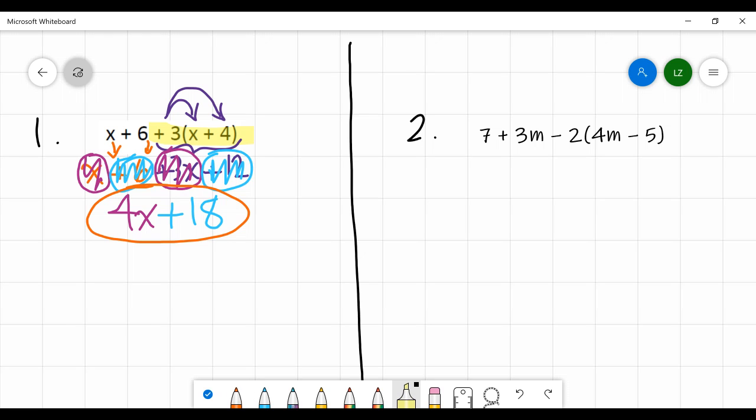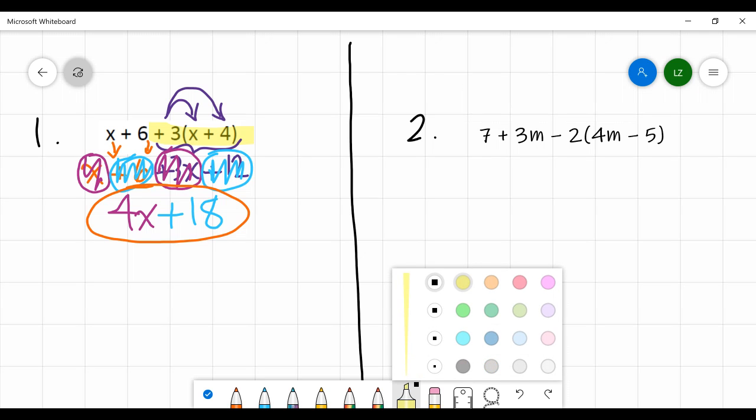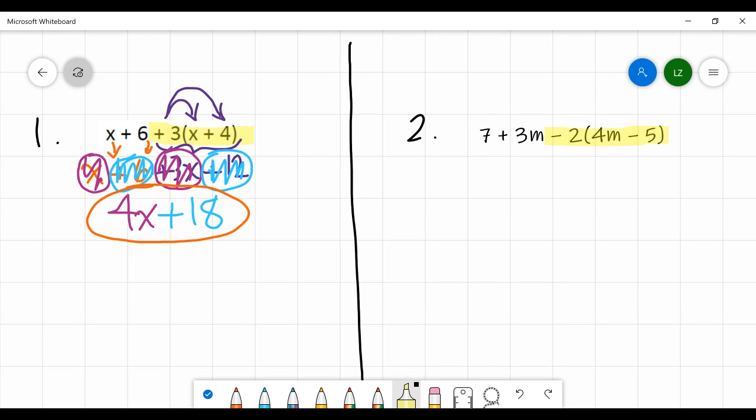Just like number one, I have to take care of some parentheses first. So I have to distribute. Notice again that I included the sign in front of the 2, which is minus 2, or we could look at it in this case as negative 2.